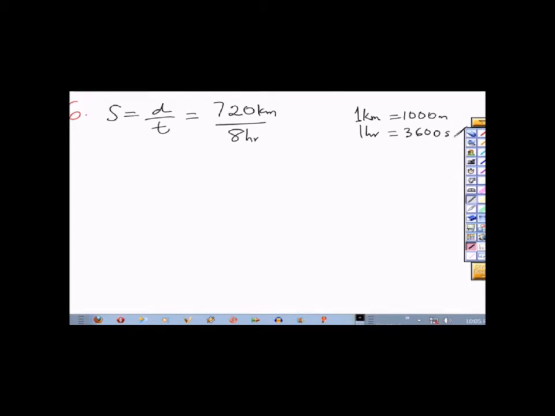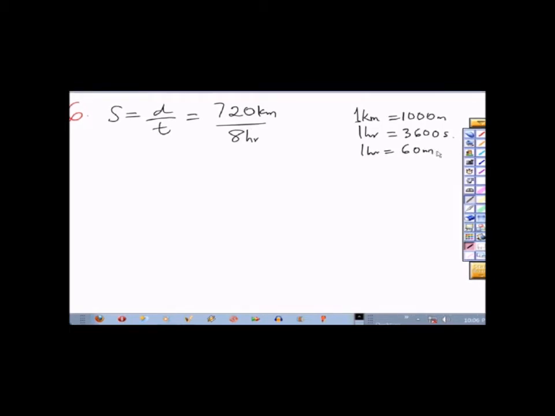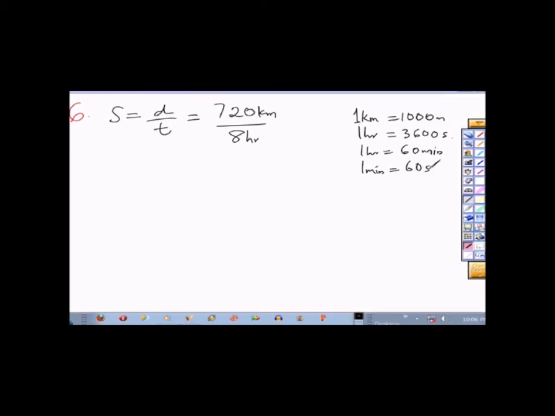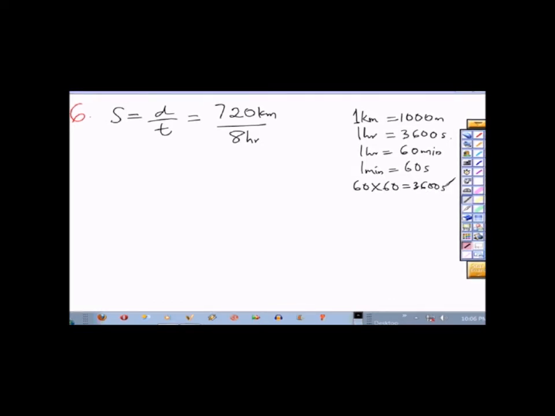Now this 3,600 seconds is obtained by acknowledging that 1 hour is equal to 60 minutes and 1 minute is equal to 60 seconds. And by the time you multiply 60 by 60, you get 3,600 seconds to make 1 hour.